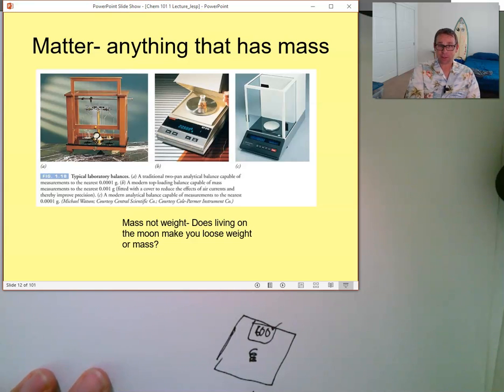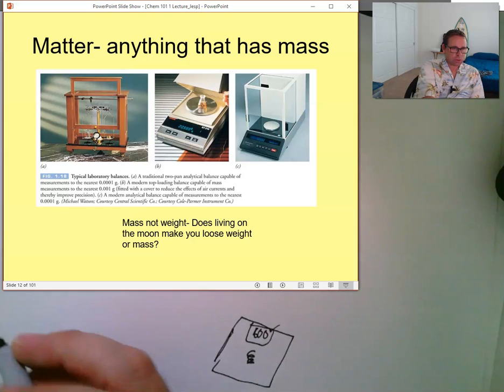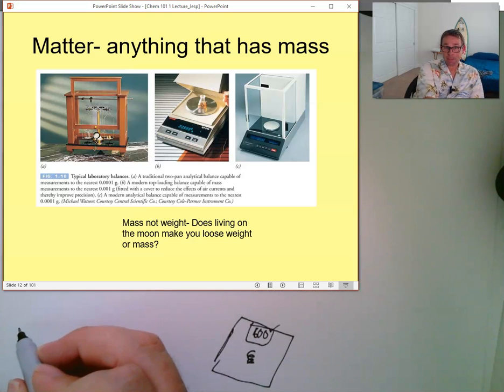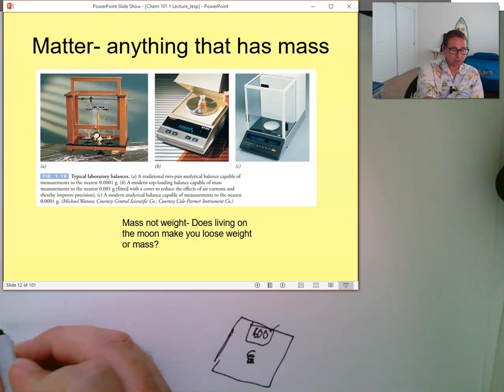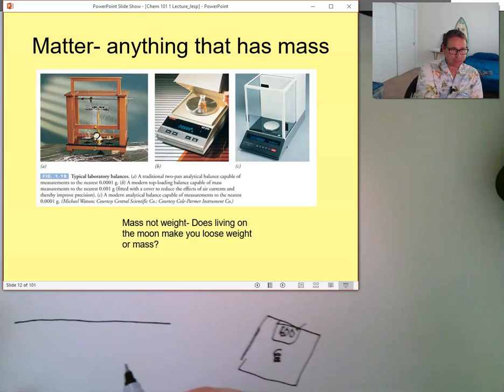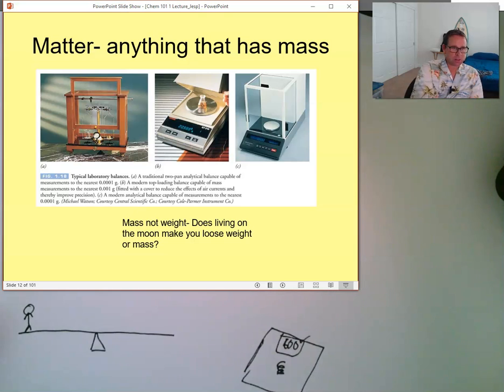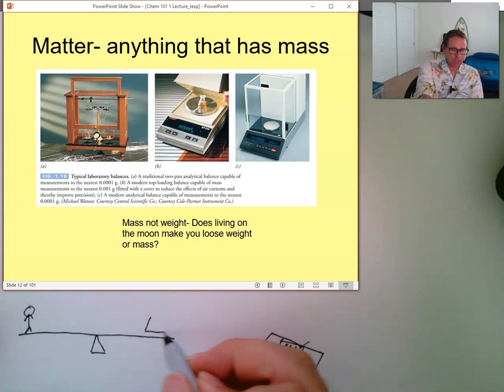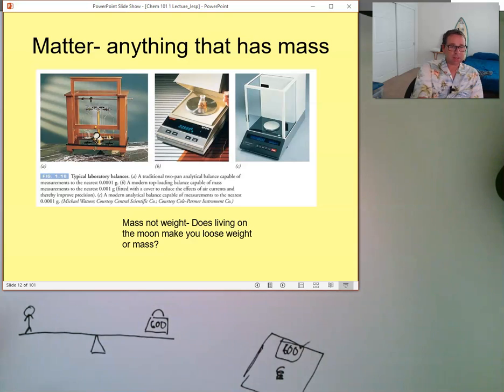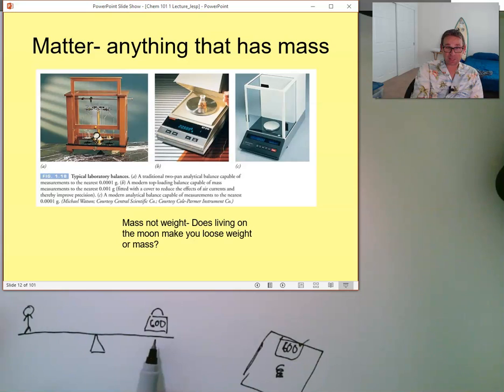This is called a scale. There's also a different way which determines the mass, which is called a balance. With a balance, I have to have a mass on the other side that has the same mass as me, and then it will be balanced.